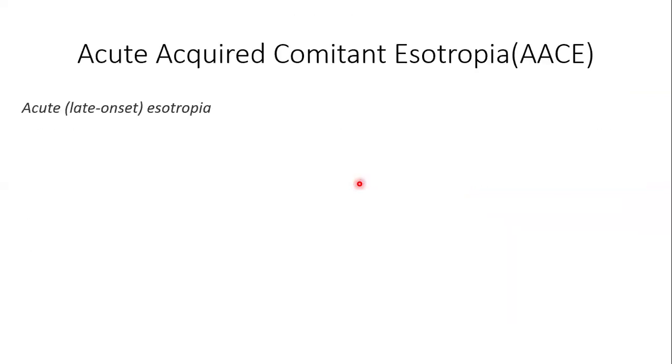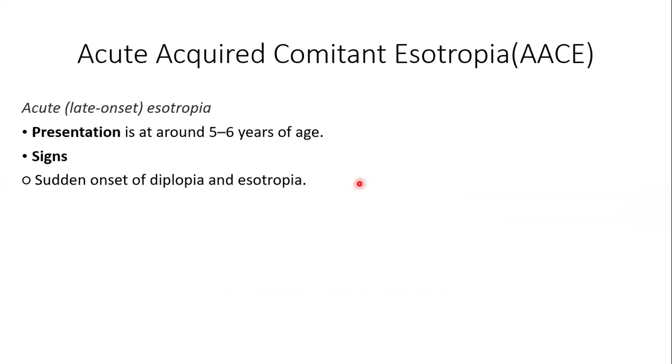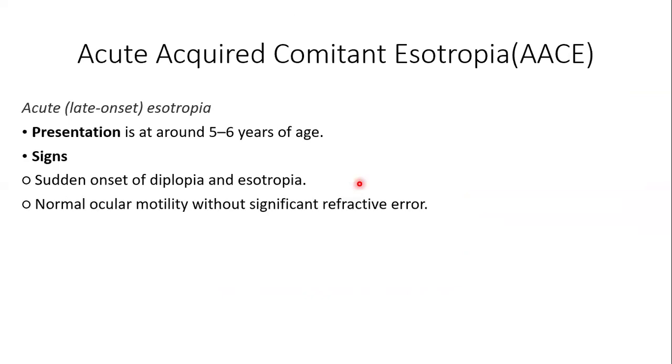Acute acquired comitant esotropia, which is called AACE. That type of esotropia usually happens after the age of 5 or 6 years. The child will have sudden onset of diplopia and esotropia with normal ocular motility. There is no limitation of abduction.